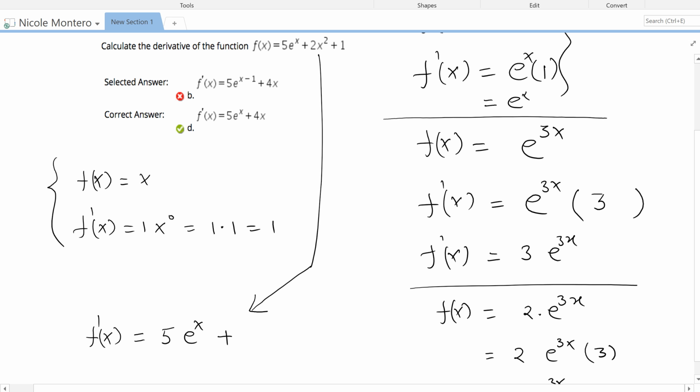Plus sign, and then you do the derivative of 2x squared. 2 is the coefficient, you write it as it is. Derivative of x squared is going to be 2x. And the power here is 1, but we don't have to write it because x as it is means power is 1. And now the next step is the derivative of the constant, which is 0.